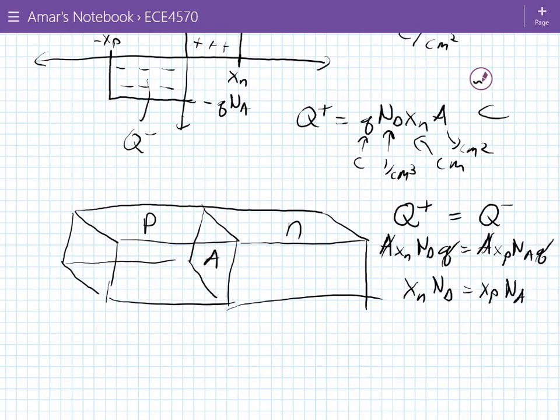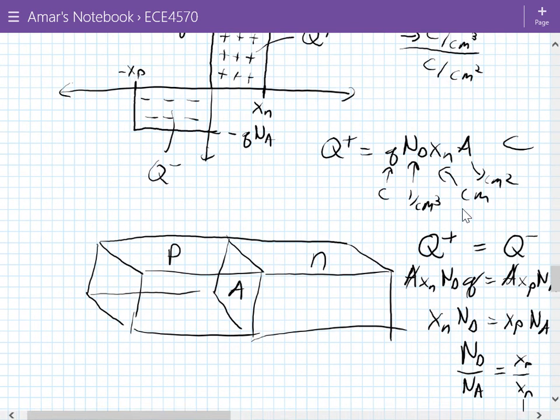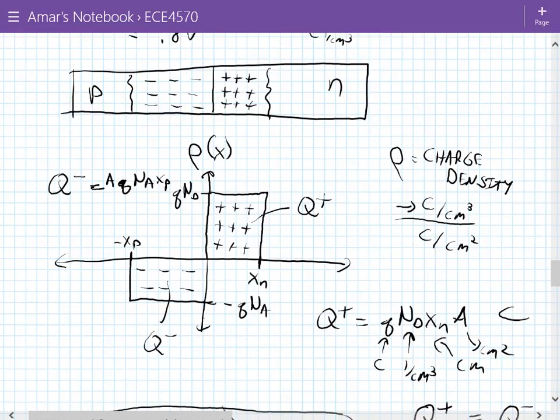This formula is very useful because it tells us, as an engineer, what can we control? We can control the doping. We can control ND and we can control NA. So if we solve this formula, ND over NA, you get XP over X sub N. So we can control the ratio of X sub P and X sub N just by controlling the doping.